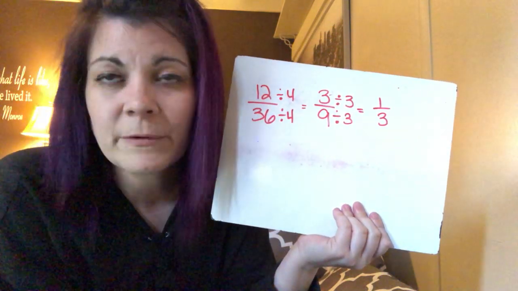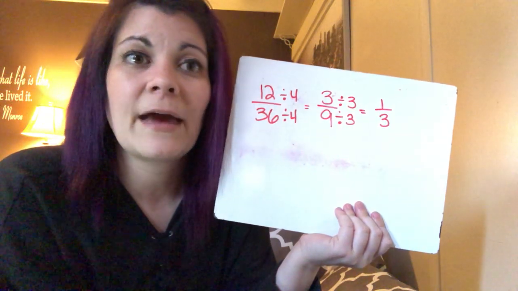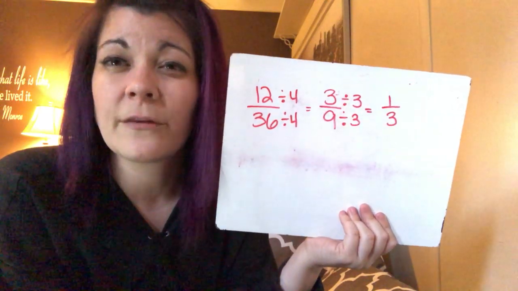If you can't remember your multiplication, you're going to have to use a multiplication chart to list all the factors. So in the case of 12, all the factors of 12: 1 times 12, 2 times 6, 3 times 4. And then all the factors of 36: 1 times 36, 2 times 18, 3 times 12, 4 times 9, I think that's it, 6 times 6.